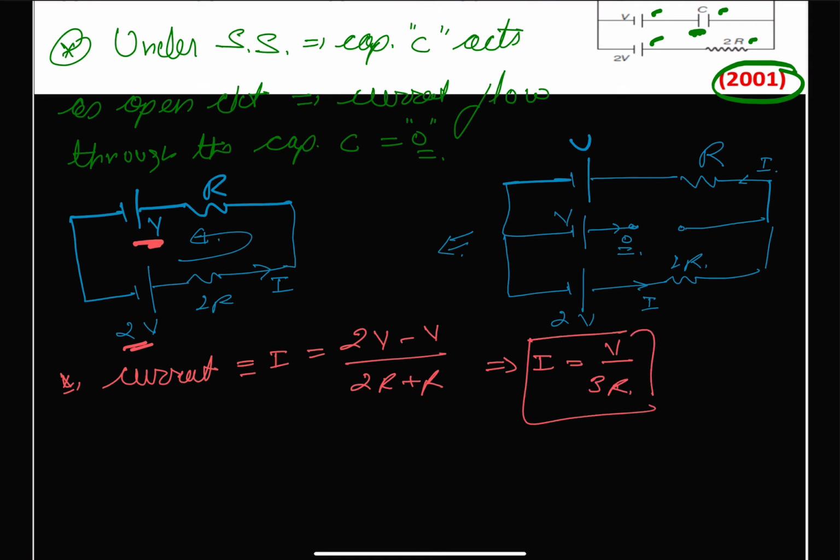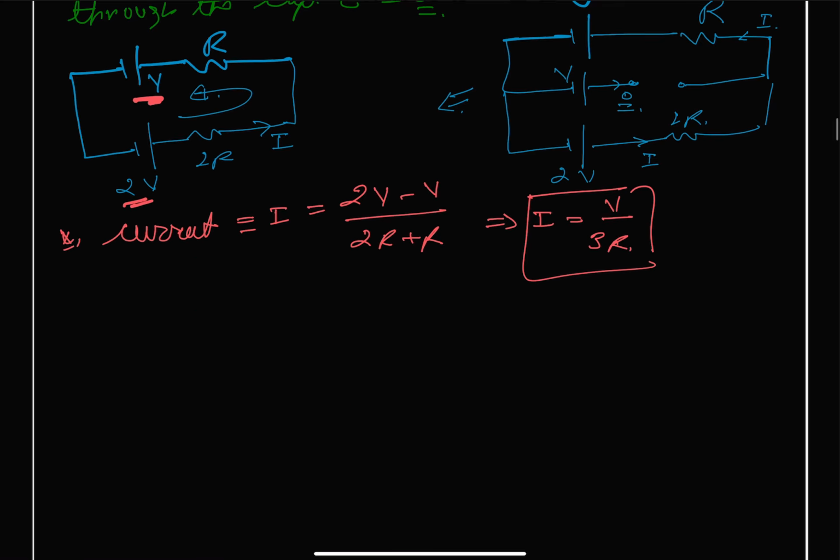So this is the current that will be flowing through the circuit, and we are supposed to find out the potential difference across the capacitor. For that let us redraw the circuit. See R, V, and this is a voltage source, and this is a capacitor here.